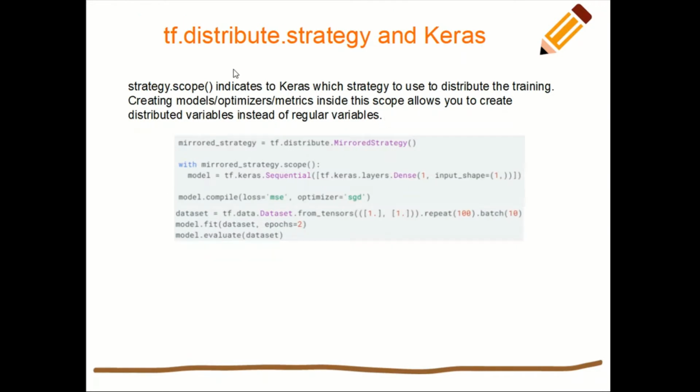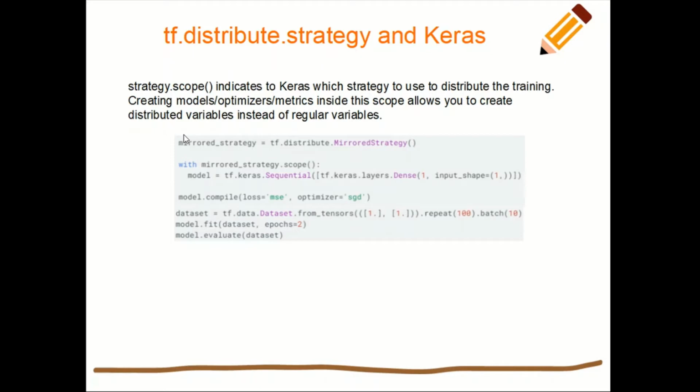Now, how is it going to look in Keras? That is something we'll take a look at here. First, we create a strategy. It's a very simple thing, tf.distribute.MirroredStrategy. This is just an example of creating the mirrored strategy that we discussed in the earlier slide.